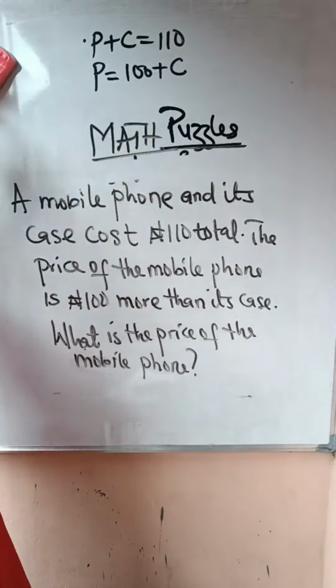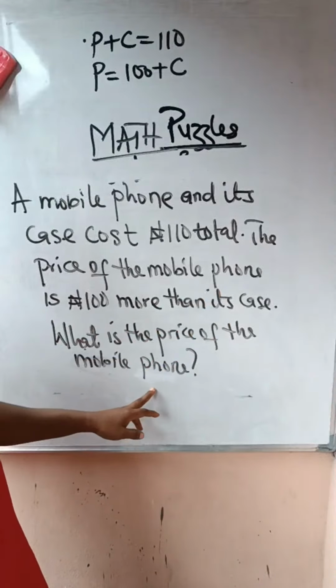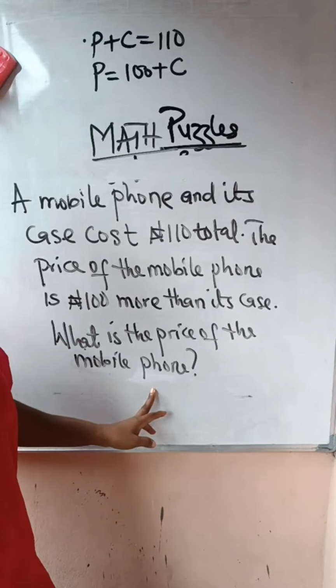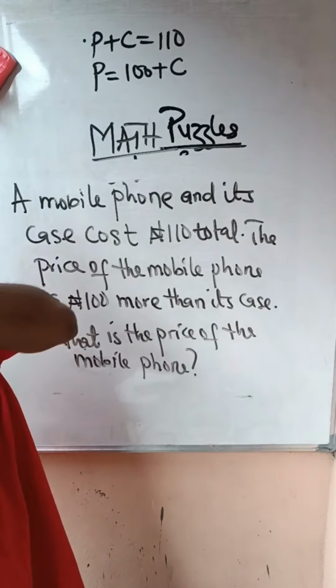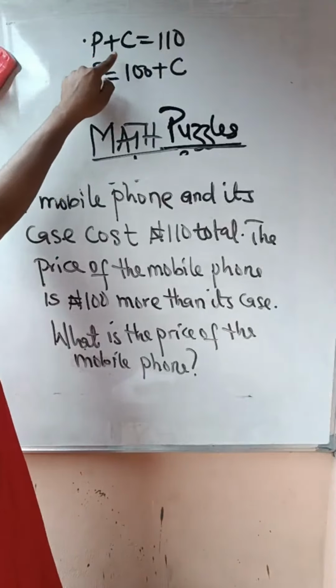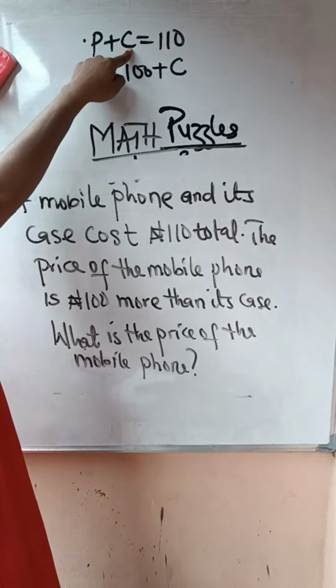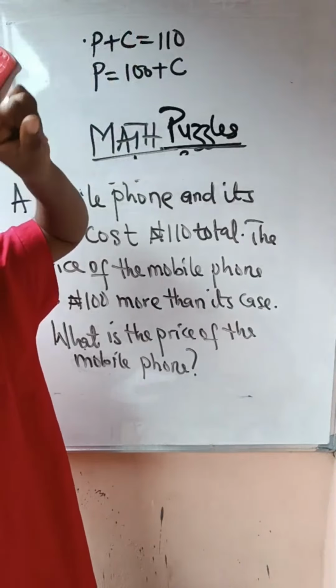Now we go ahead to solve. I always tell my subscribers that when you have two unknowns in one equation, you cannot solve it. So you need to put one in terms of the other so that you end up having one unknown.